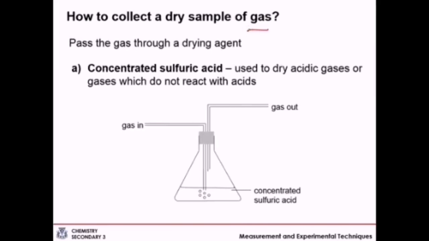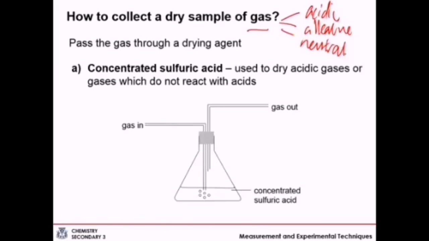As we know, sulfuric acid is a dehydrating agent. So if we have to dry a gas, it means this gas has some moisture, so we need some demoisturizing agent, a dehydrating agent.